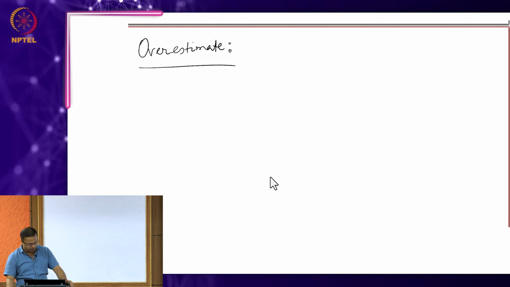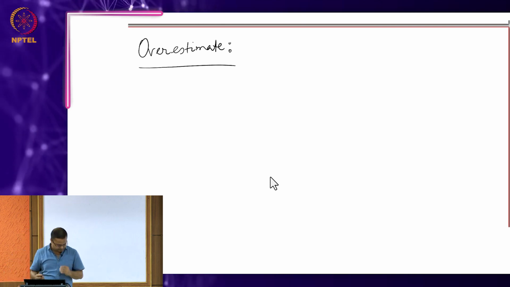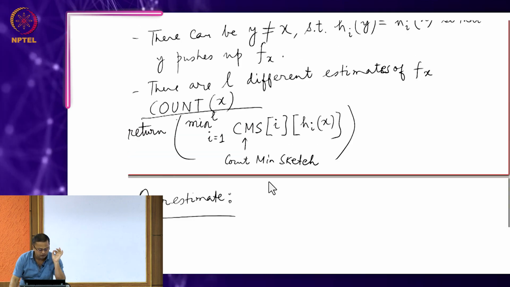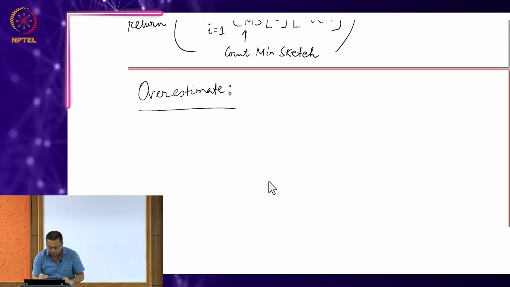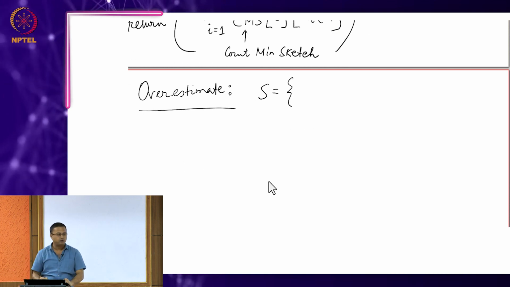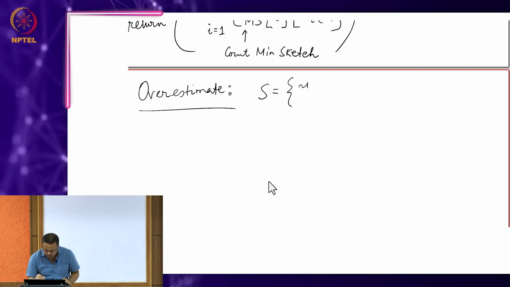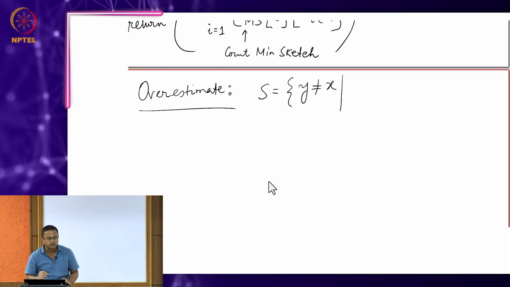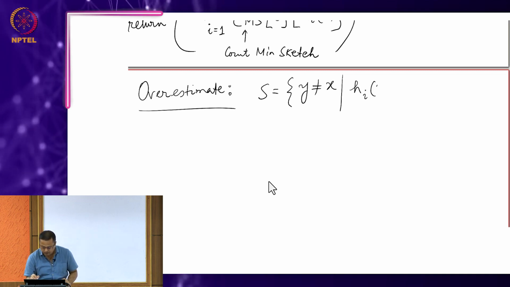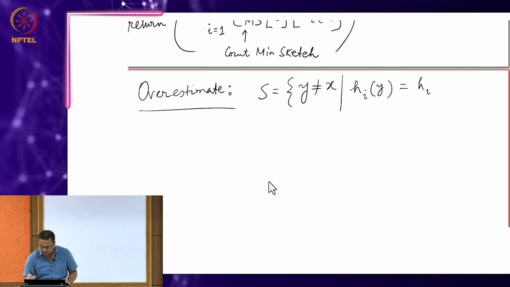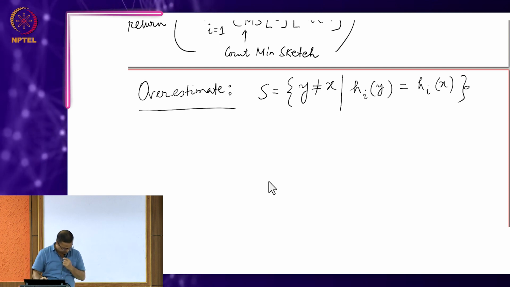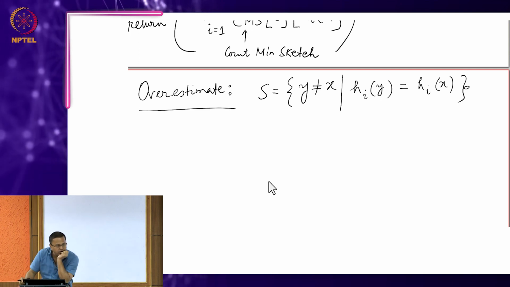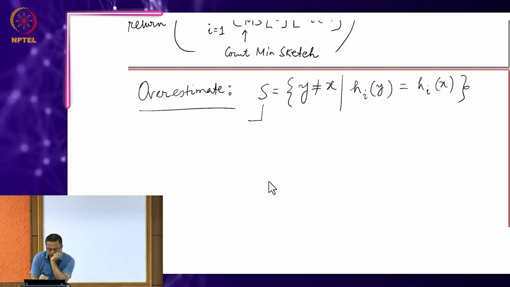Now, if you look into the overestimate, this overestimate comes from where? It comes from a set of y's not equal to x such that, right, now can you say anything about this set?